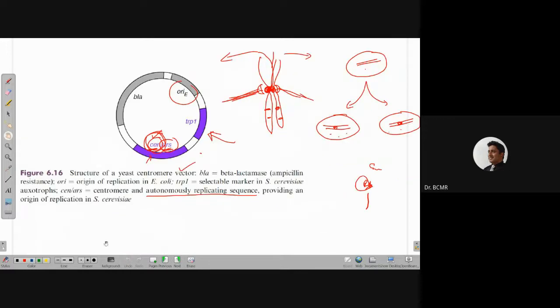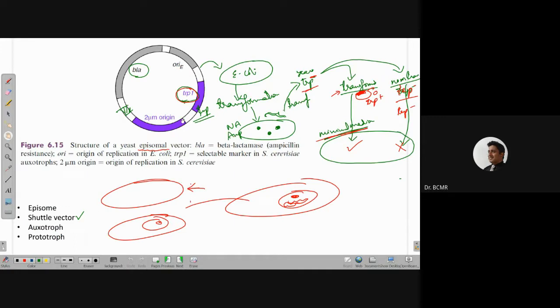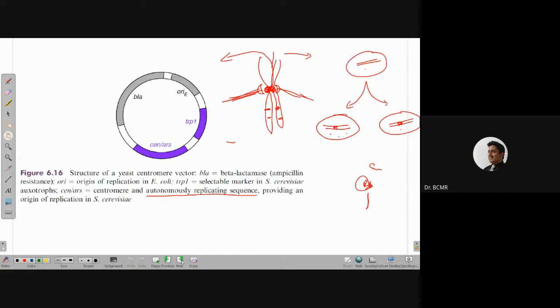We also discussed another one, which is referred to as the yeast centromere vector, because in the previous one, we don't know if it will be inherited faithfully by the daughter cells, right? Because it's an episome. If we want stable and efficient inheritance to the daughter cells, we should add a centromere.